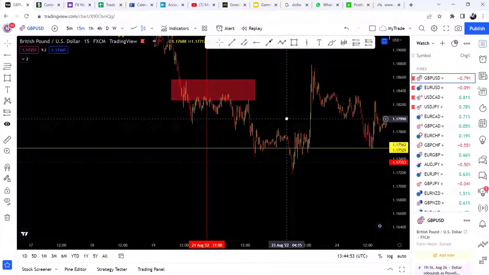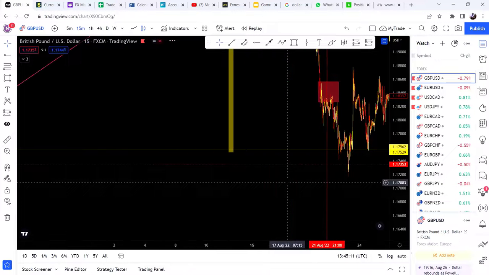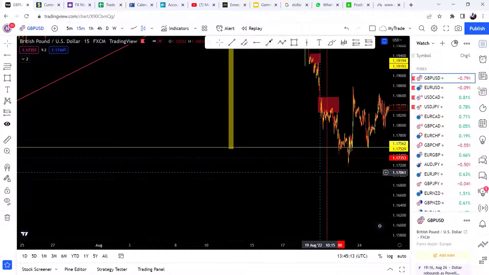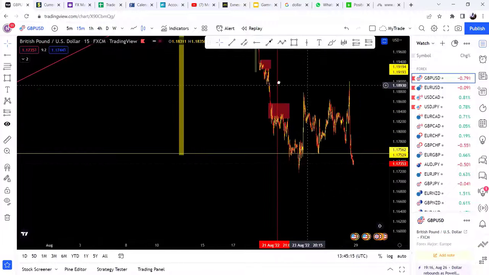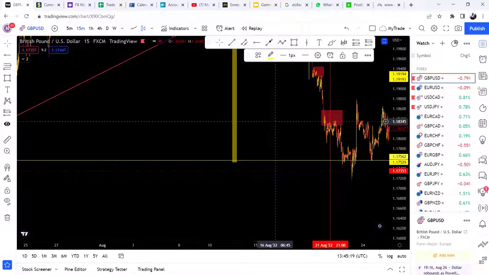Whenever I'm analyzing like this, there are also indicators that I use to aid me in analyzing the market and also picking up the zones where I'm going to enter. In my thinking process, I also think there is a possibility that price will reverse because of this low that we have here.